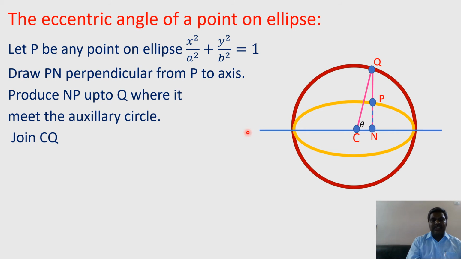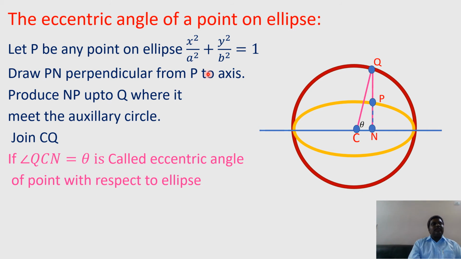This theta lies between 0 to 2 pi. This is the way to define the eccentric angle of point P. With the help of this eccentric angle, we can derive the parametric equations of the ellipse.